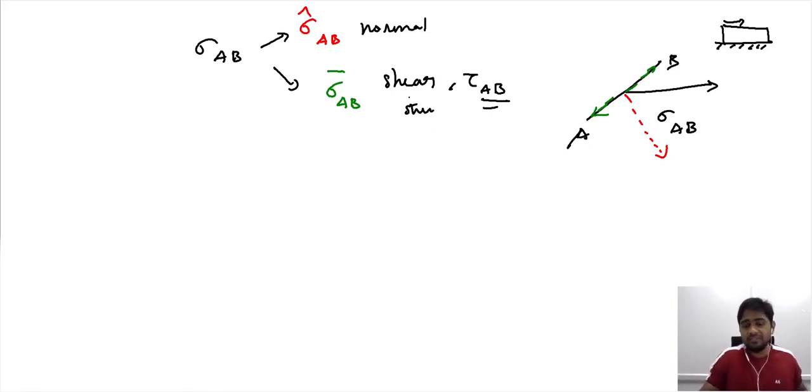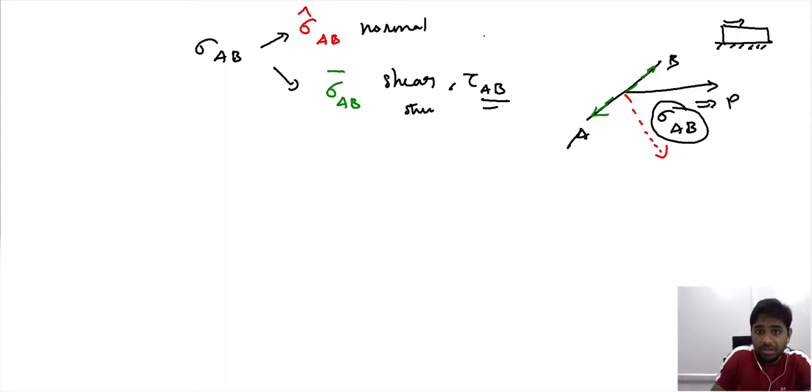So what essentially we identify is, when you have an inclined plane, and in that plane you are now describing a stress. This is an inclined plane, and this is your loading direction, and along this loading direction this stress acts. Now it is possible for us to split this stress into two components, one acting normal to the inclined plane and the other acting on the inclined plane.